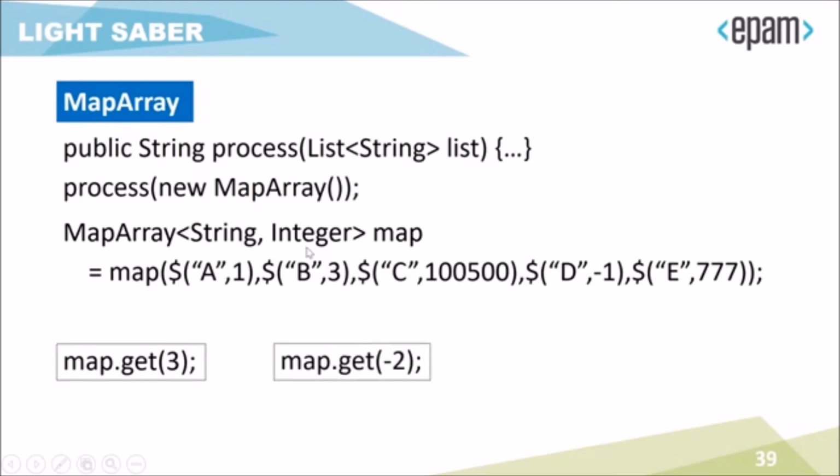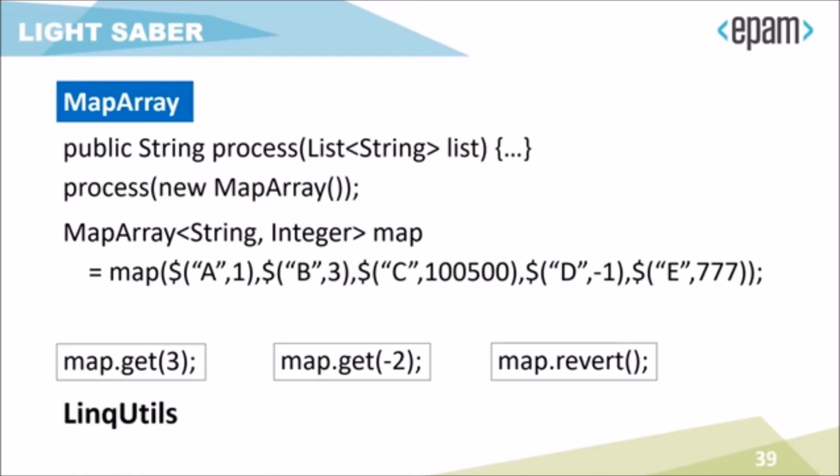For example, you can get the element, for example, the second element from the tail. You can revert your map collection or list, and you can do all the stuff that mentioned above these maps in the link util.